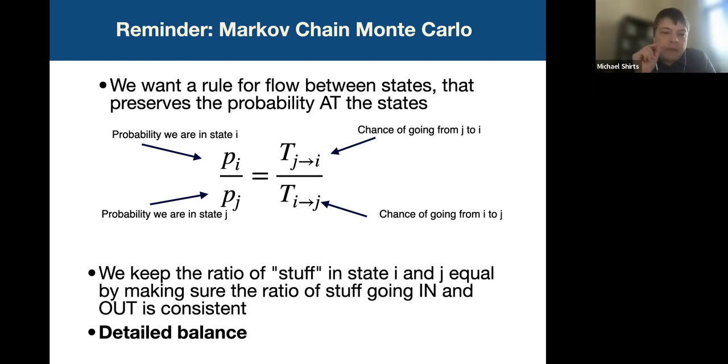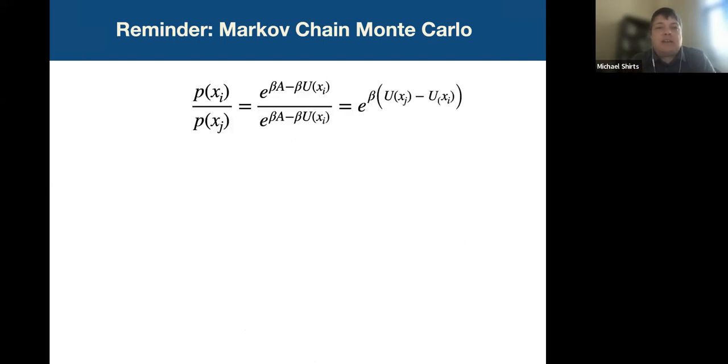But detailed balance is the easiest way to do it. There are some algorithms that are too clever by half and do something cleverer than detailed balance, but most algorithms depend on detailed balance. So we're going to focus on this version right now: making sure that whatever we do to move between states, we satisfy these criteria. And if we do, then we will get the right probability distributions out in the end.